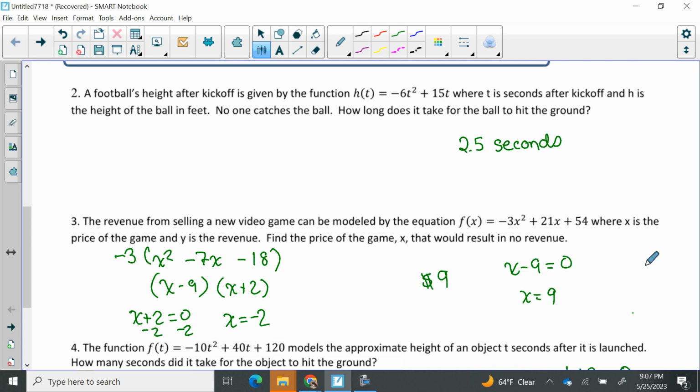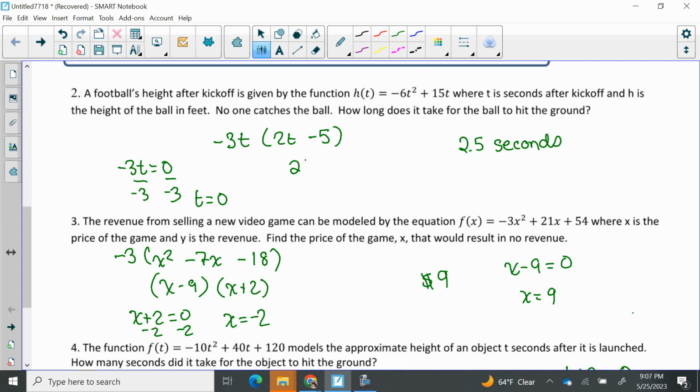I can show you how to do that. So I would take out a negative 3t, right? And that would be 2t minus 5, right? So I would set negative 3t equal to 0. So t is equal to 0. Well, obviously we don't want that; it starts at the ground there, right?